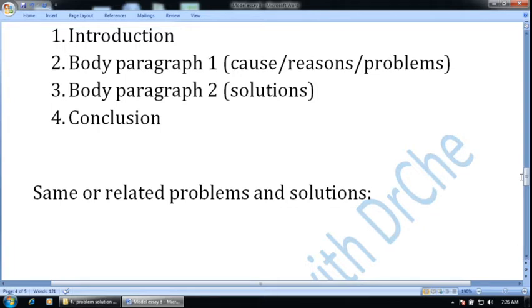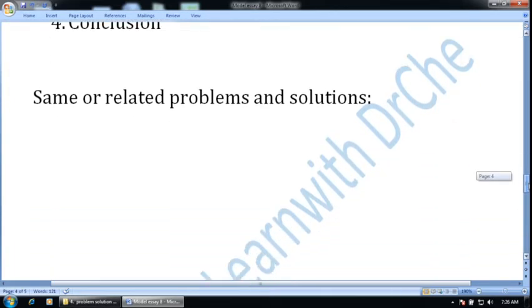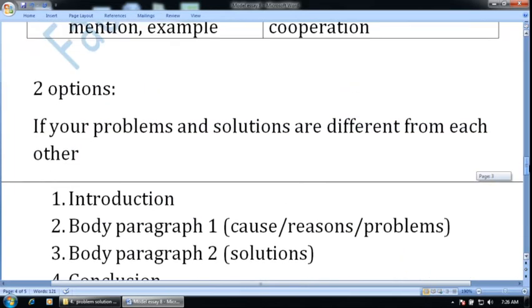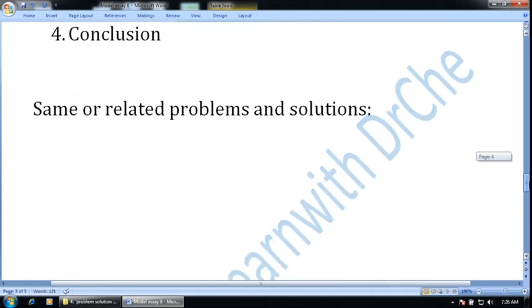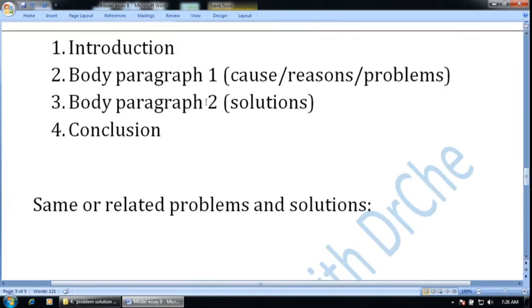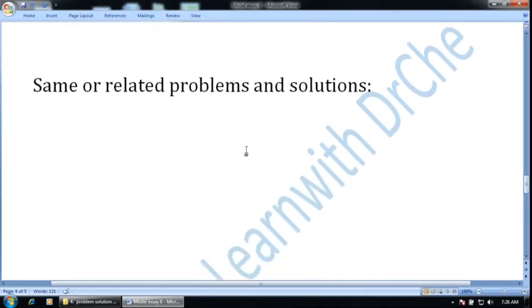But we have another option if the problems and solutions are linked to each other: increasing population, then how we can solve the same problem. Natural disaster, how can we solve the same problem? In this case, you can write in this way: introduction, body paragraph 1, body paragraph 2, and conclusion.